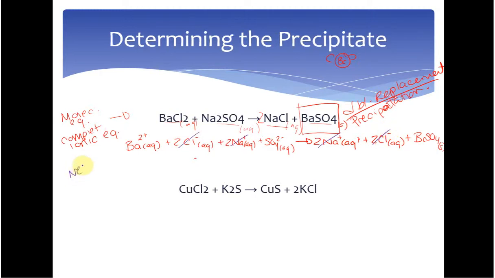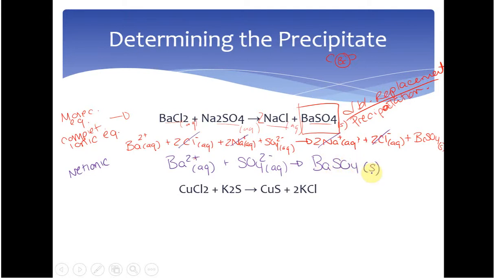So we're going to rewrite our net ionic equation as barium 2+ aqueous plus sulfate 2- aqueous reacting to produce barium sulfate solid. So we've got our precipitate, we've got our net ionic equation. That's kind of what you're going to be doing here.